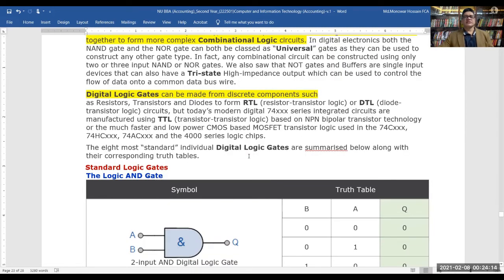Digital logic gates can be made from discrete components such as resistors and transistors, from RTL (resistor-transistor logic) or DTL circuits. The eight most standard individual logic gates are summarized.